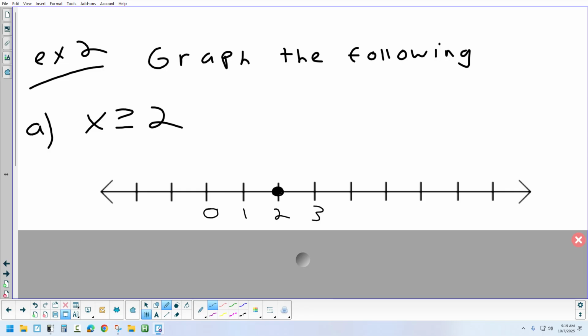And we're shading all numbers greater than or equal to 2, so that heads to the right. Yep. And is this bounded or unbounded? Unbounded. Never stops. Okay, so that's an unbounded interval. It always has an arrow when you do the graph.